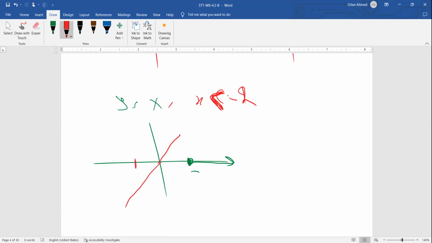But because we have less than -2, I say here's -2, my graph will start with the green part. And of course, less than. So I'm going to erase the red part. There will be no red part. You got it? Good.